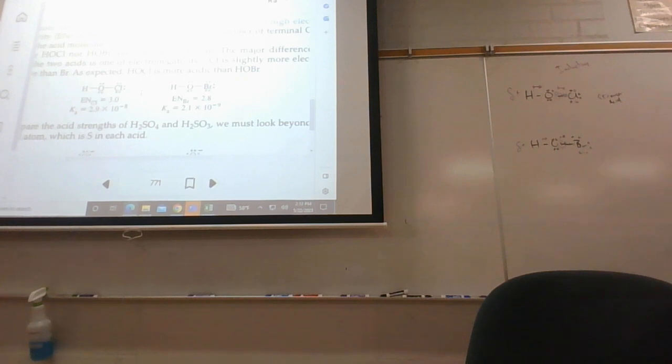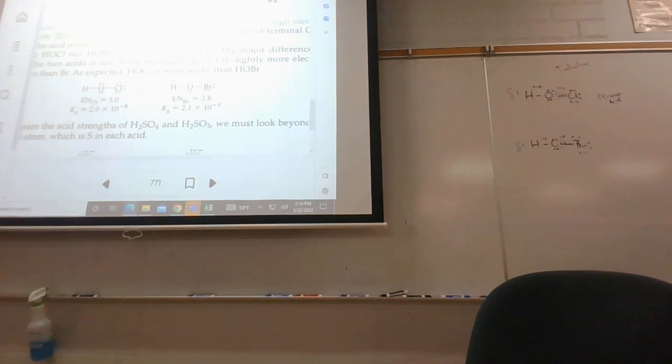Over here, the chlorine, even though oxygen versus chlorine should win, but this is a negative oxygen. So we're going to have an inductive effect here versus bromine, which is going to have a weaker inductive effect. What that's going to do is chlorine is going to suck the electron cloud away from oxygen versus this. So which base is stronger? This is the stronger base, therefore HOCl is a stronger acid.